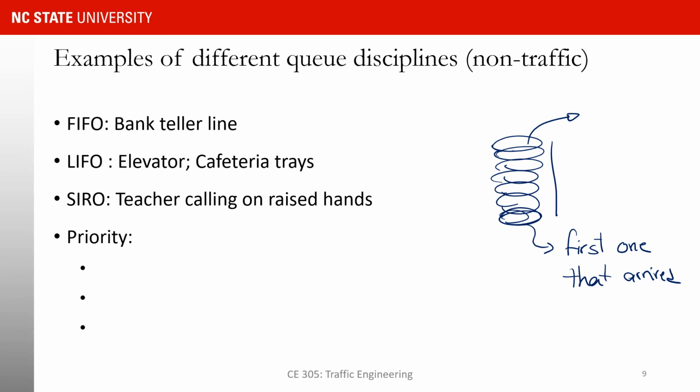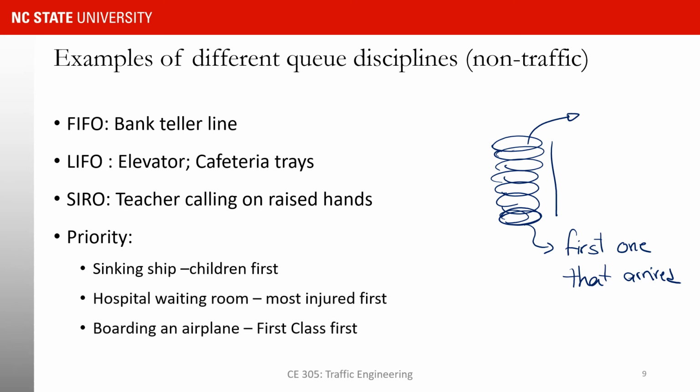How about priority? So COVID-19 vaccination is a good example, but can you think about any other example on priority? Well, if you have a sinking ship, we have priority. So we usually want to save children first.